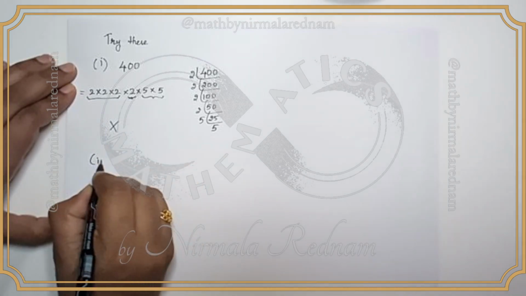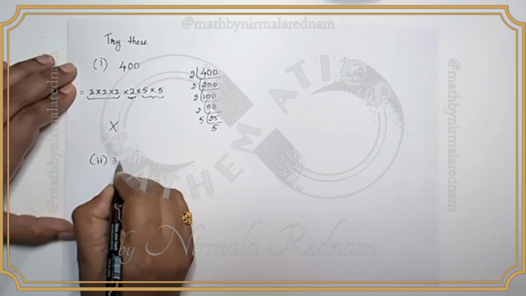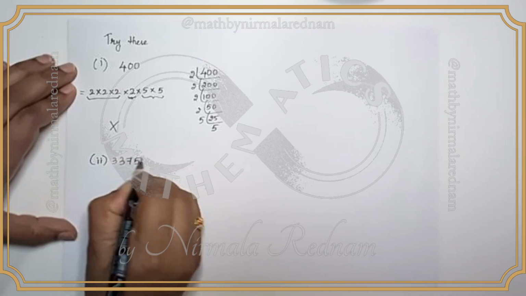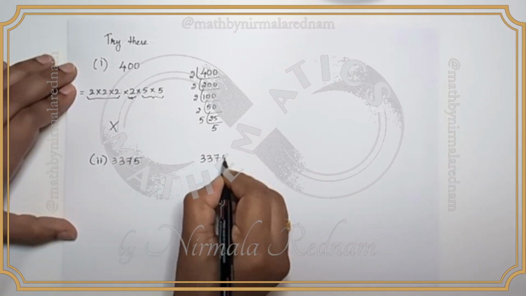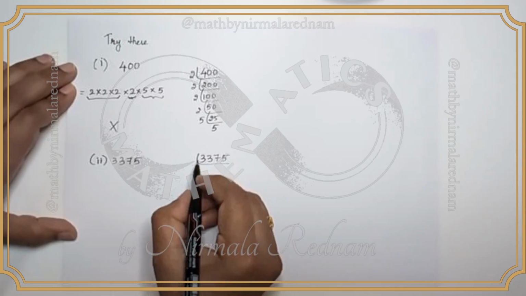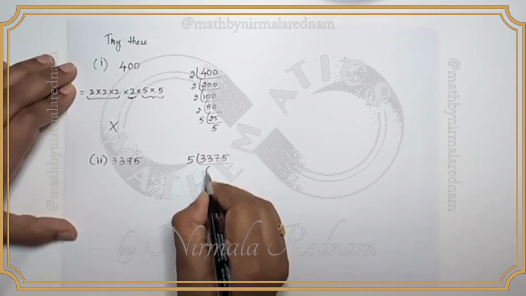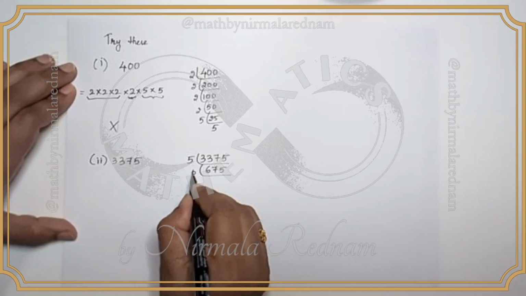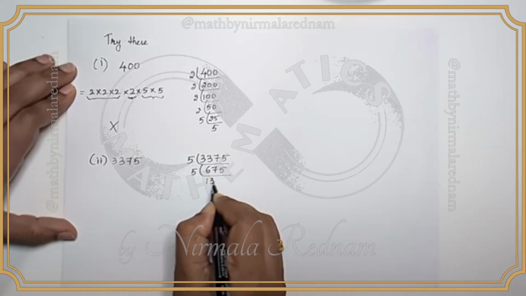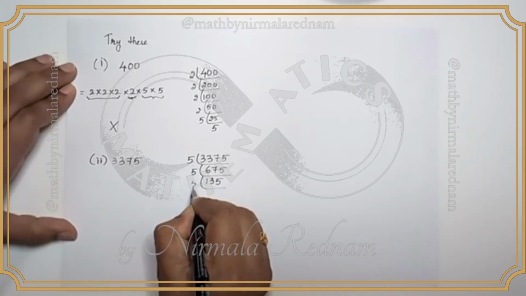Next, second number that they gave is 3375. Okay, so let's do the prime factorization. Here I have, again I'm going to take 5. One more time I'm going to take 5.